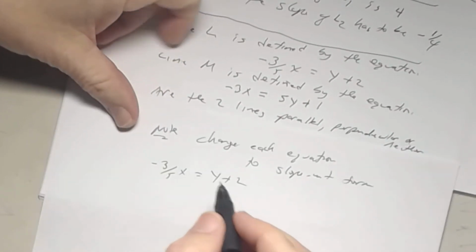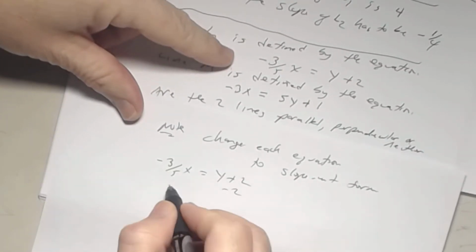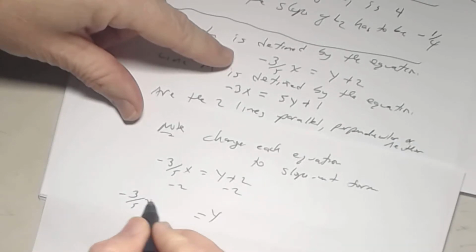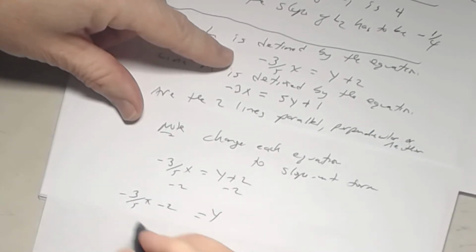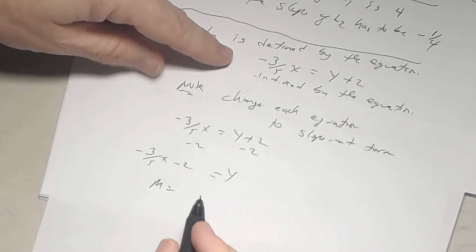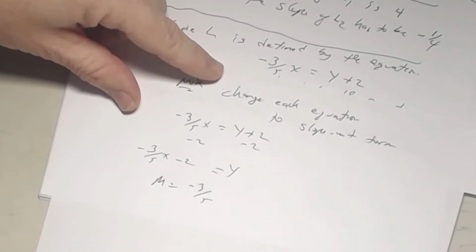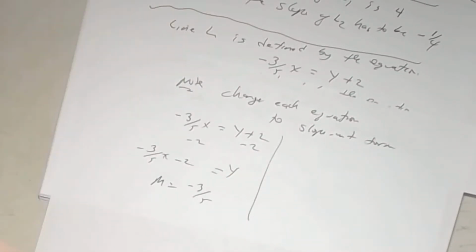No, not add 2 to each side. Subtract 2, right? To get y by itself. Because right now I'm adding 2. So subtract 2. So therefore y equals negative 3/5 x minus 2, right? So now what's the slope?